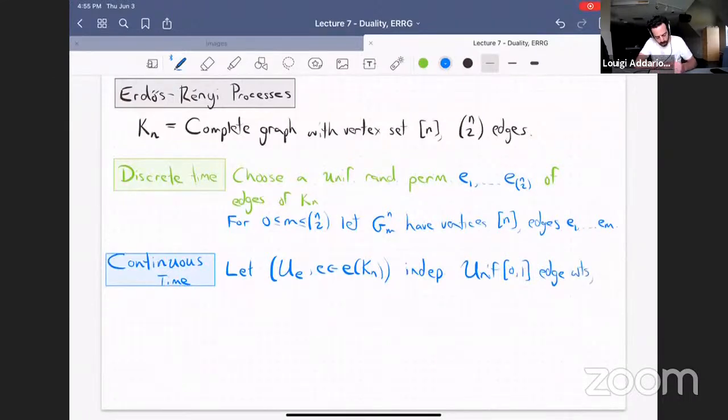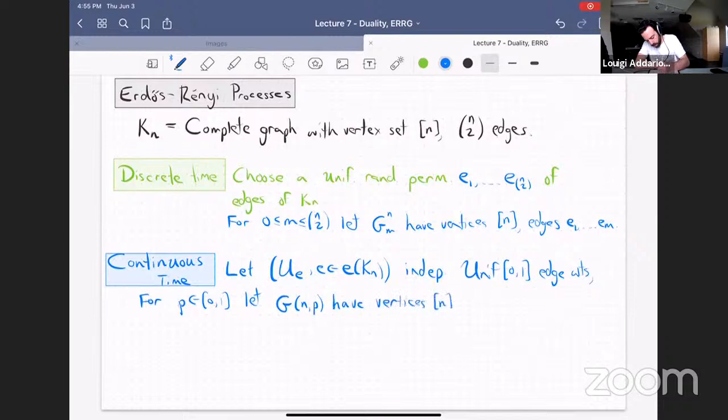And then for p from 0 to 1, we'll define a graph G(n,p), which has, again, the vertex set just the integers 1 up to n. And now the edge set is just whichever edges of the complete graph have this random weight at most p.